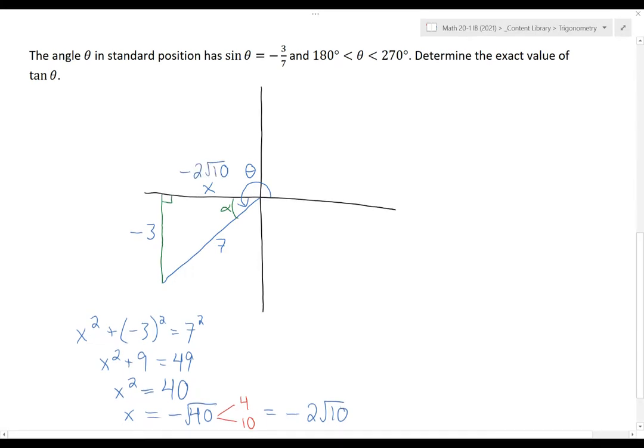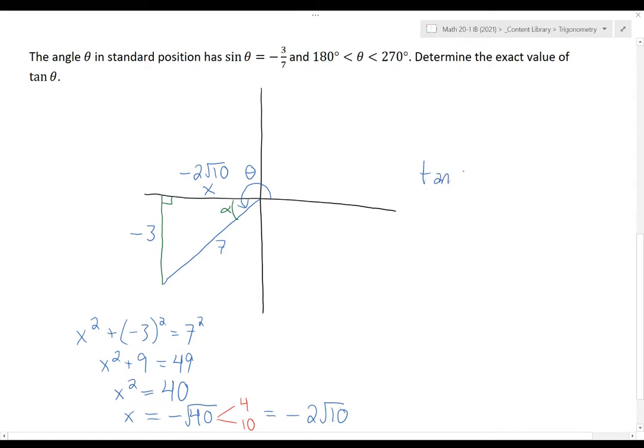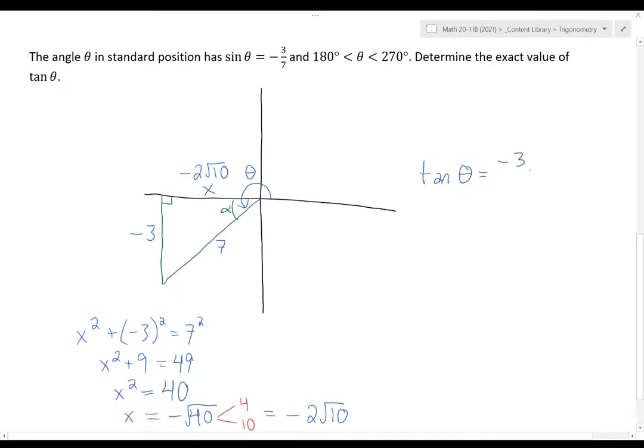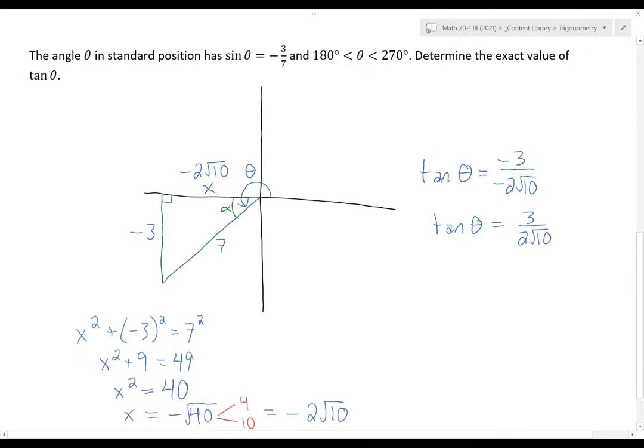Now that I know that side length, I can find the tangent of that angle. The tangent of theta is the opposite side, which is -3, divided by the adjacent side, which is -2 root 10. So now I'm just going to simplify that a little bit. Negative divided by a negative is positive, so I'm going to just turn this into +3 over 2 root 10.